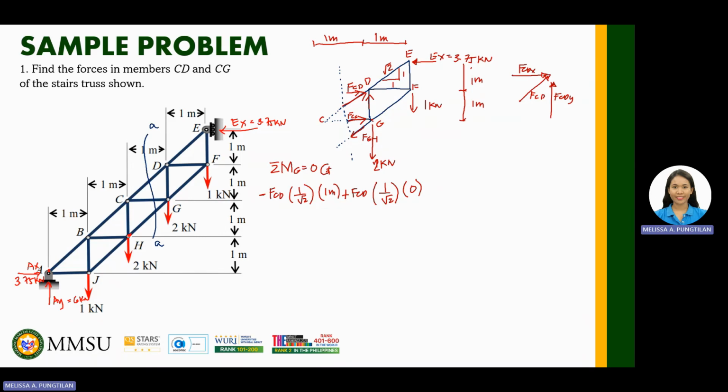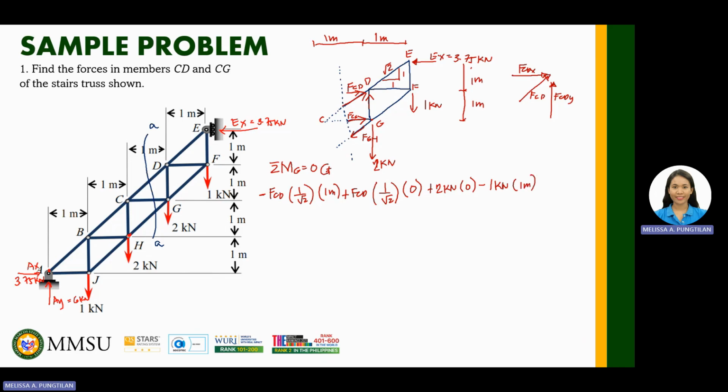The 2 kilonewton is applied directly sa ating point G. Wala ding perpendicular distance. Therefore, plus 2 kilonewton also multiplied with 0. And the next 1 kilonewton, it will create a clockwise moment. So, minus 1 kilonewton multiplied by 1 meter.